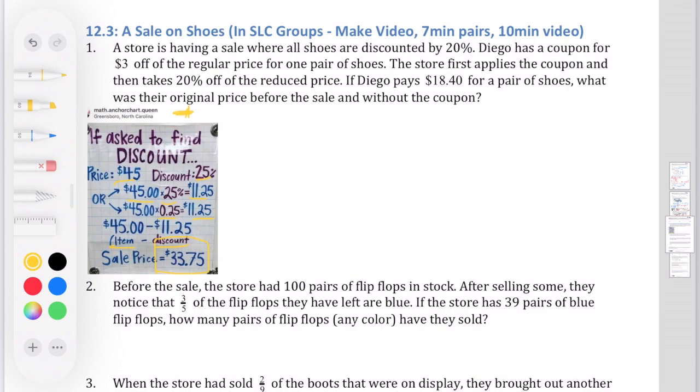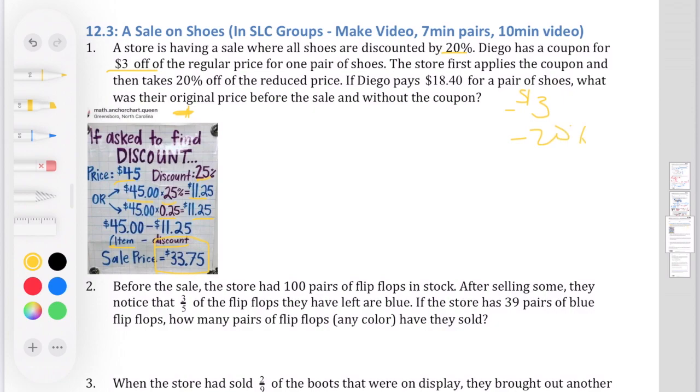A store is having a sale where all shoes were discounted by 20%. Diego has a coupon for $3 off the regular price for one pair of shoes. The store first applies a coupon, so they're going to take $3 off first, and then they're going to take off 20%.